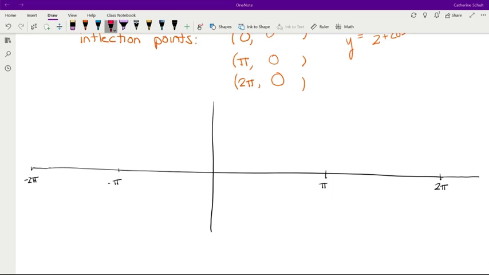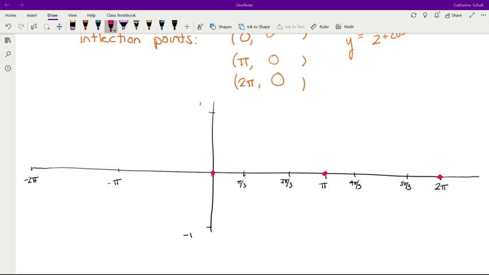Well, let's do this. On this one period, we have our intercepts at the multiples of pi. Okay, that's easy enough. And then I'm going to divide this into thirds, because we have information about 2 pi over 3, 3 pi over 3, 4 pi over 3, 5 pi over 3, and then 6 pi over 3, okay? And this is what we know, and I'll draw it in various colors.